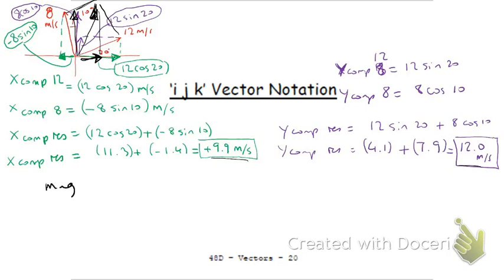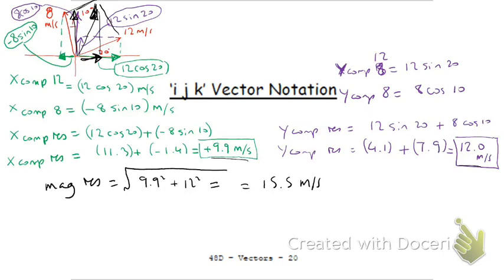Mag res is equal to the square root of 9.9 squared plus 12 squared. Second square root, second answer. I'm getting 15.5. That's how long the arrow is.